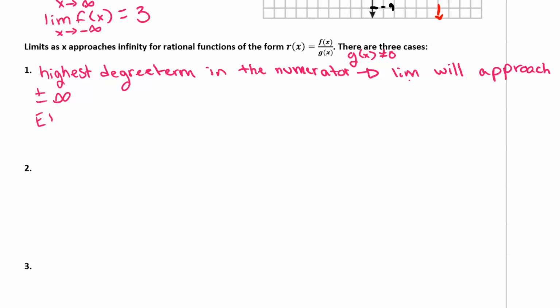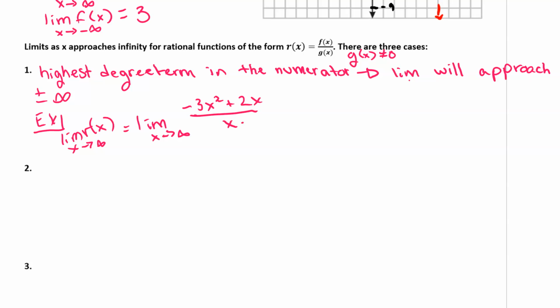So an example, say we're looking at the limit as x goes to infinity of r of x, the notation we were using, where we're looking at negative 3x squared plus 2x divided by x minus 1.